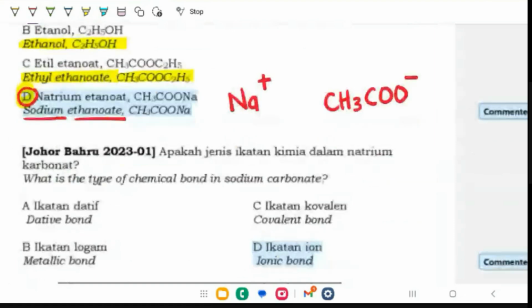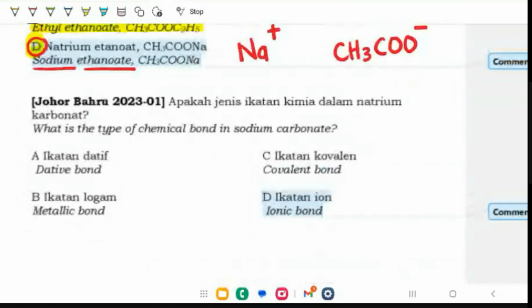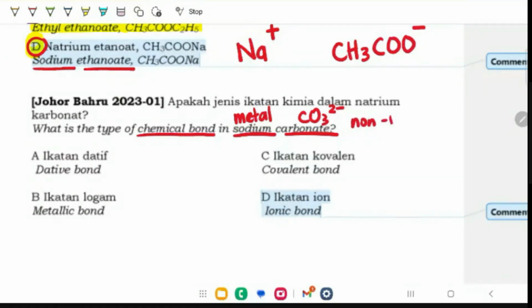Okay, so we try the last objective for tonight. What type of chemical bond is in sodium carbonate? Sodium is metal, yes, very good. Carbonate is non-metal. Carbonate is CO3 2 negative, so non-metal. Metal, non-metal.